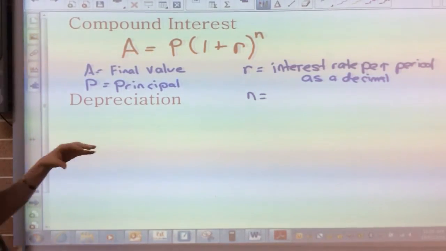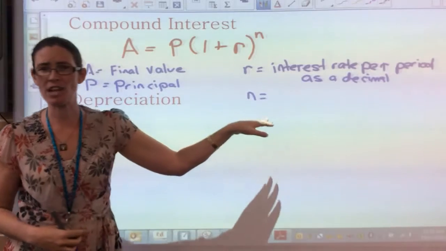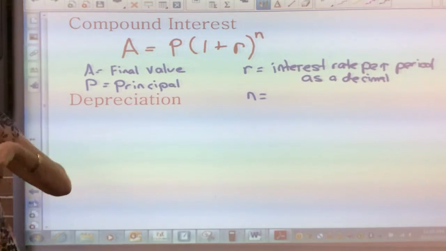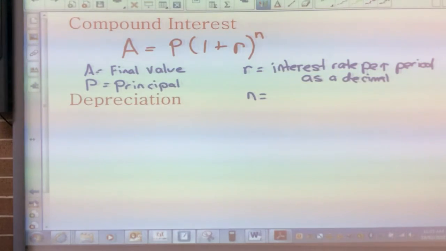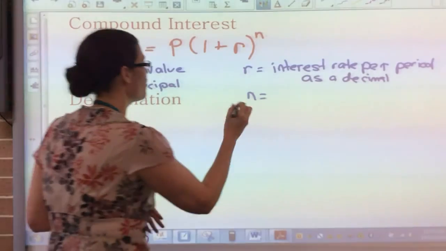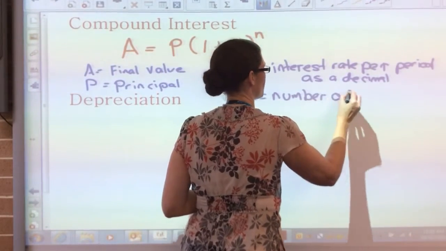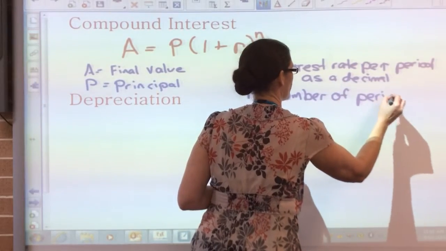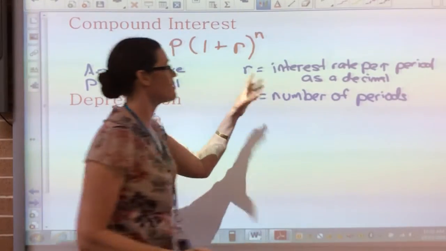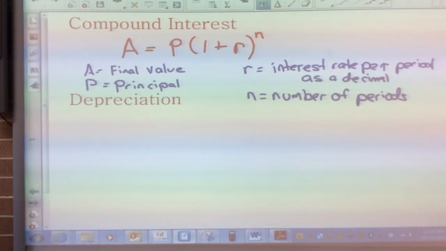Okay, so in simple interest, we always changed N and left R alone. Now you're going to have to check that both of them are correct for that question. So we'll get to that in an example, but just be aware R and N are getting a little bit tricky.